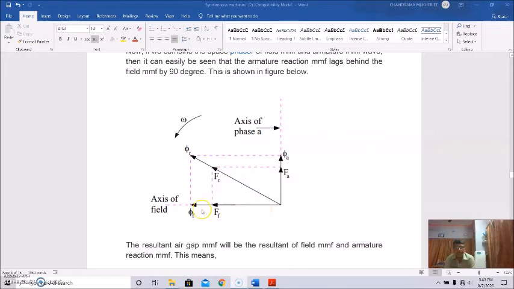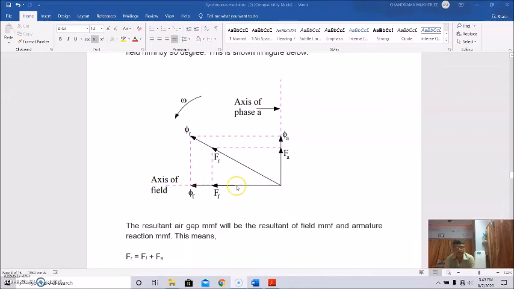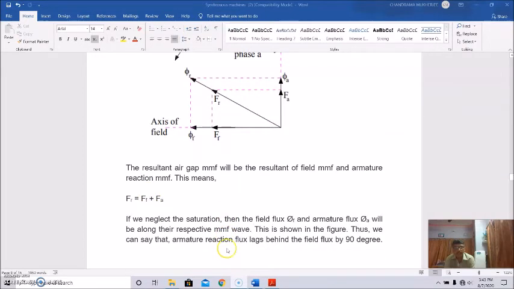This is the field MMF, this is the armature MMF, this gives the resultant MMF, and this is the resultant flux. The resultant air gap MMF is the sum of FA plus FF. If we neglect saturation, the field flux and armature flux will be along their respective MMF waves, as shown here.